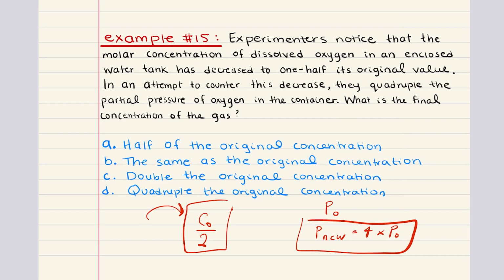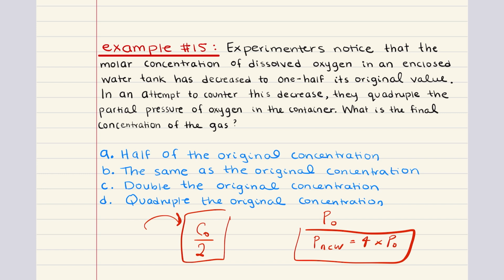Now, according to Henry's law, the new concentration is going to be calculated as Henry's constant multiplied by the new pressure. Now, we've defined the new pressure. Let's go ahead and plug this in. We have Henry's constant multiplied by 4 multiplied by the initial pressure. Now, Henry's constant multiplied by the initial pressure gives us our original concentration, which is C0 divided by 2.